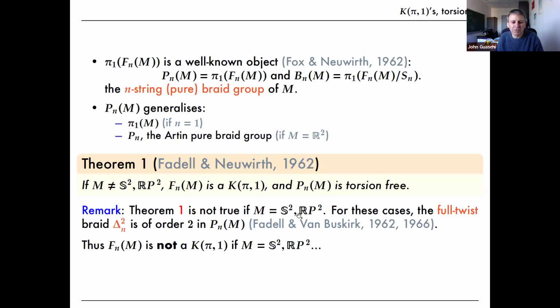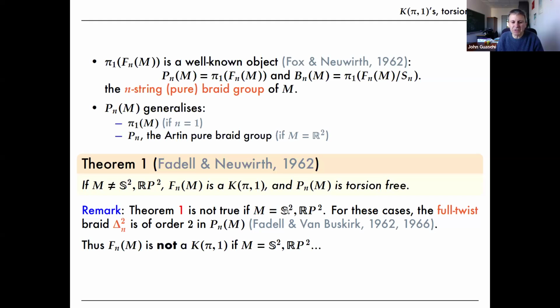This theorem is not true in the other two cases, so if M is the sphere or the projective plane. And in this case, Fadell and Van Buskirk showed that if you take the full twist braid, the idea is that you embed a topological disk in your surface, and via this embedding, you can view the usual braid groups in some sense as sitting inside.